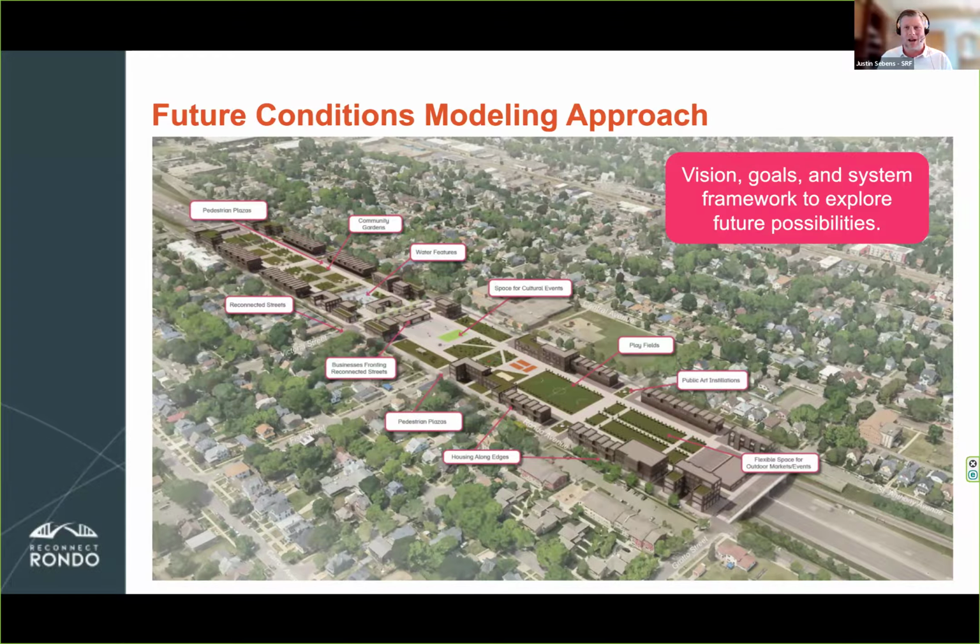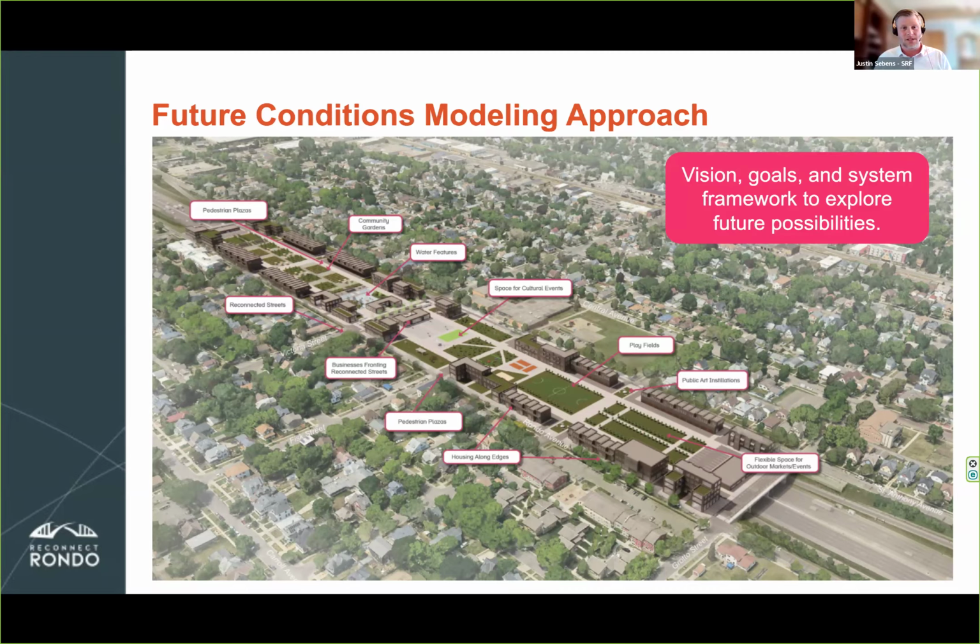Before I turn it over to Jana, I just want to leave everybody with an illustration of what the land bridge could look like. What I specifically want to point out is that within that land bridge area, there is some redevelopment shown. There are some new apartments or townhomes or retail or community spaces shown around the edges of the land bridge. The process that we're going to be going through for this project will try to take a lot of that into account as well.